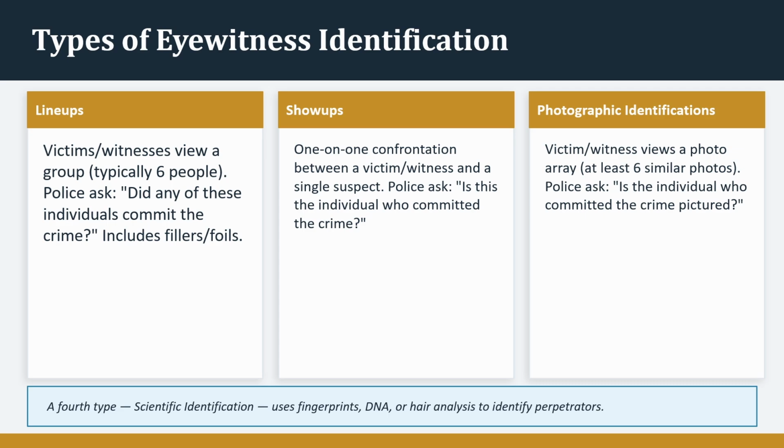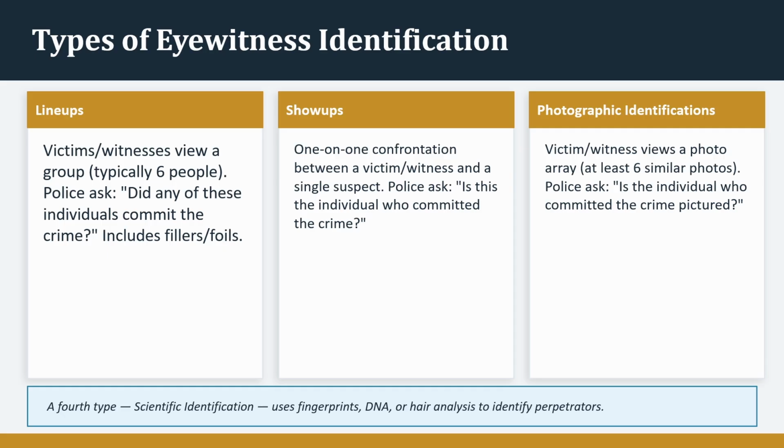They are people who are known to be innocent of this particular offense. The question the officer asks is deliberately open. Did any of these individuals commit the crime? That open framing matters because asking, "Is it number 3?" would be inherently leading.